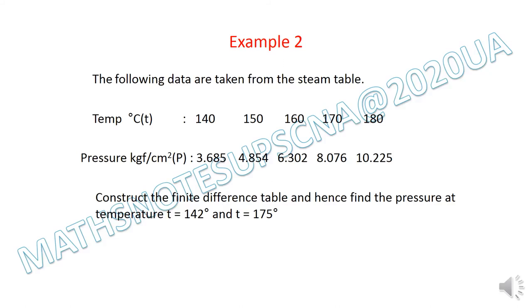Here we see that 142 lies near 140, that is the initial value, so we will be using the forward difference table and forward difference interpolating formula, and 175 lies near 180, that is the last point of the data, lying between 170 and 180. So we will be using the backward difference interpolating formula to calculate pressure at T equal to 175 degrees.